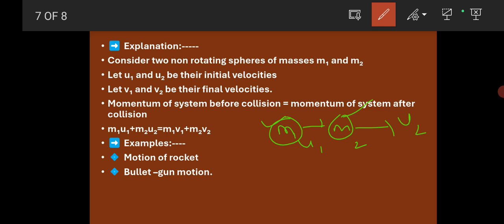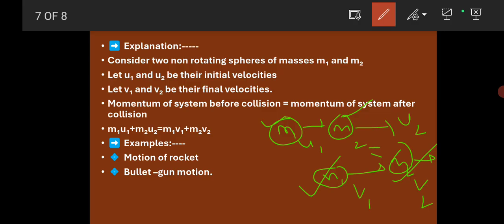Now after collision, elastic collision, so m1, m2, their velocities change, masses remain same, elastic collision, so velocities become v1, v2. This is after collision. So the momentum of this body m1 v1 and momentum of this body, mass into velocity, m2 v2.